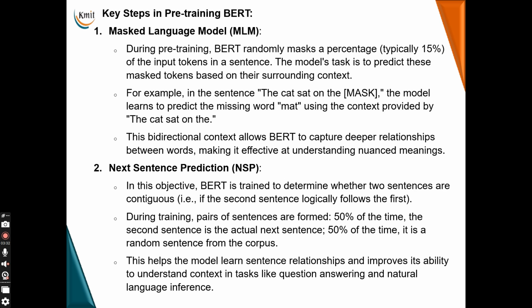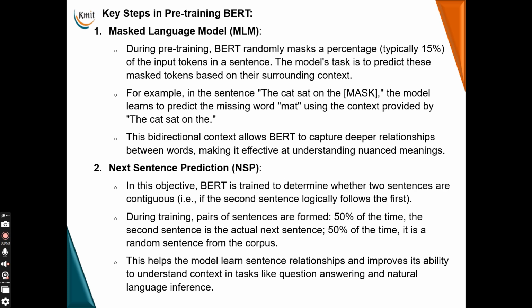Say, for example, we give the sentence, "The cat sat on the dash." We have masked the word in the blank. The model has to learn the language and predict the missing word depending on the context.